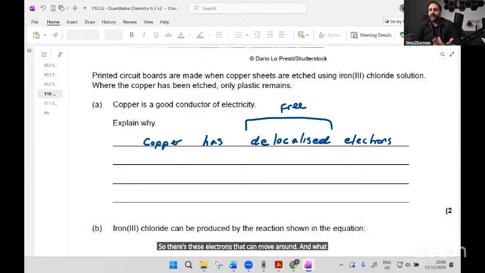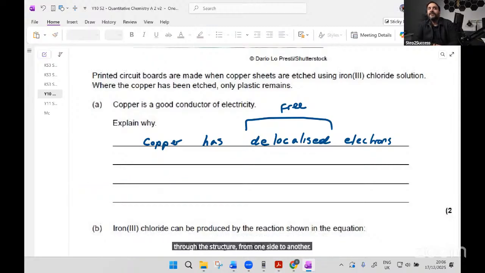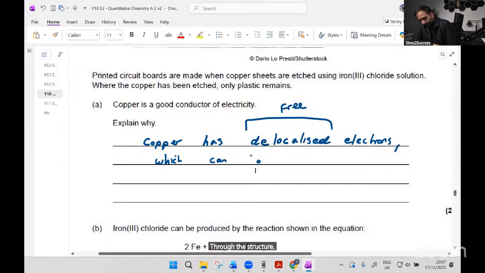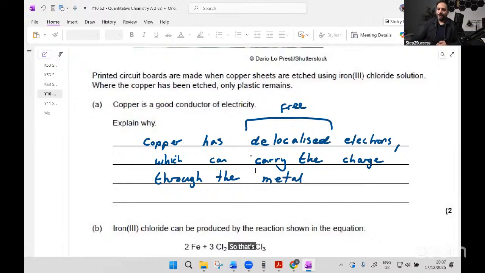And what is conduction of electricity? It basically means that we get electricity at one side and are able to move it through the structure from one side to another. That's what wires do. The fact that the electrons are free means that they are able to move through the structure and carry the charge. So that's what we're supposed to do there.